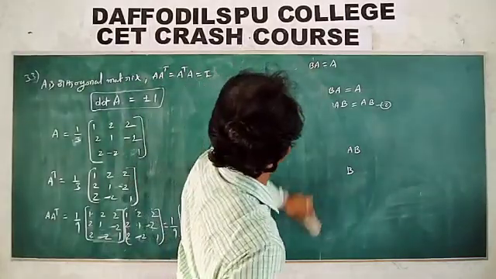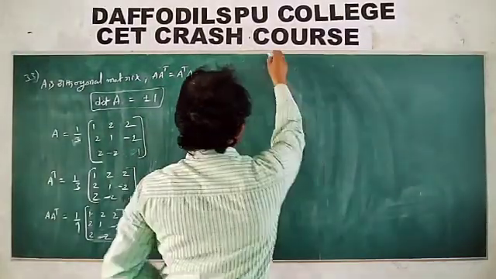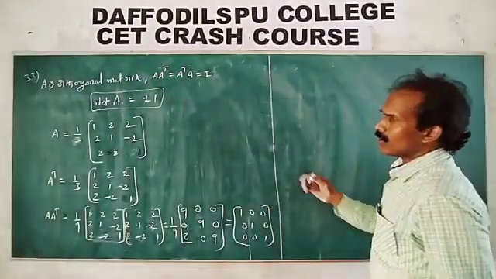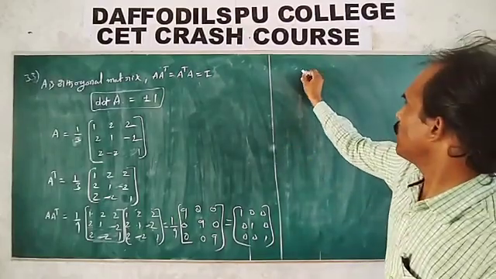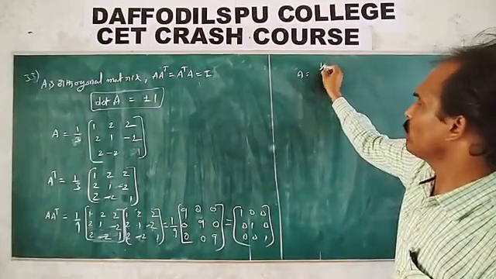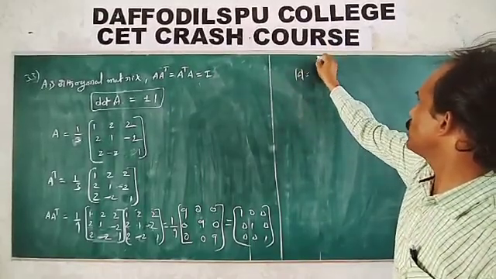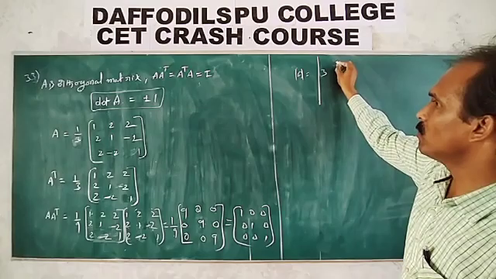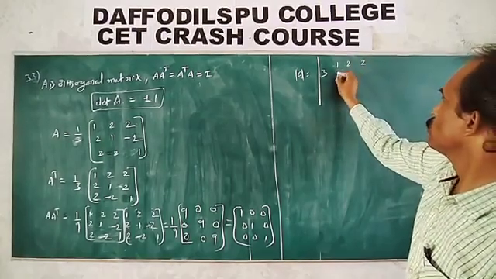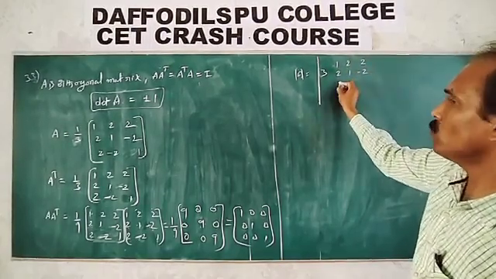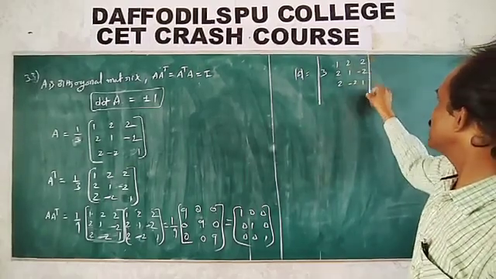Let us check that also. A is equal to 1 by 3 of the matrix 1 2 2, 2 1 minus 2, 2 minus 2 1.